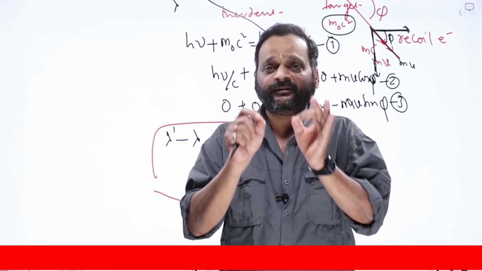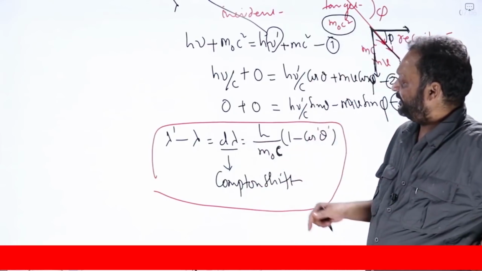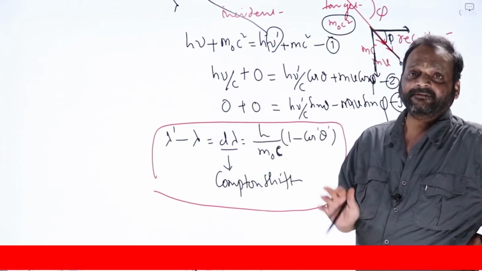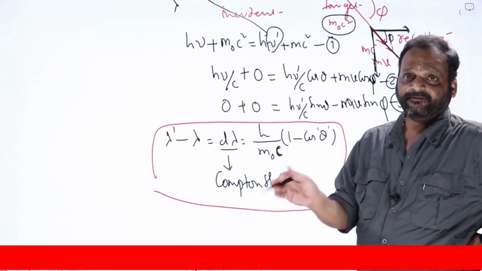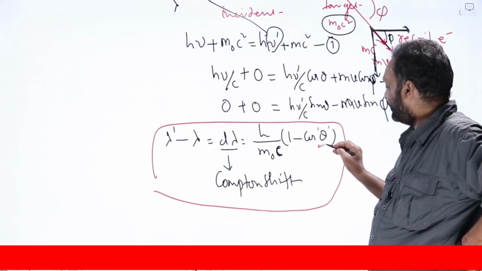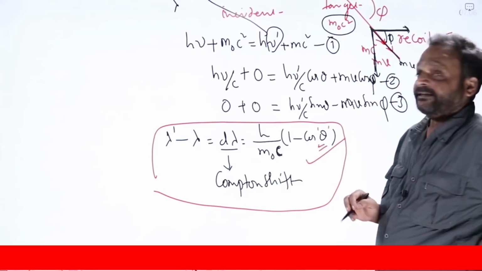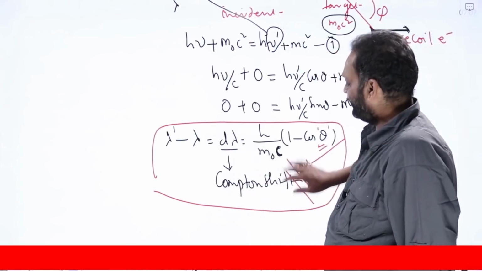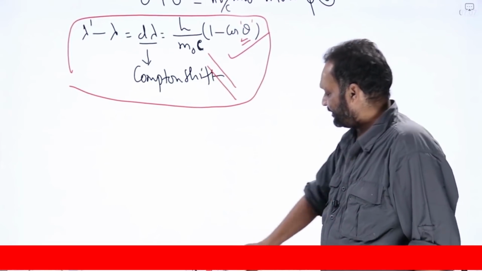Whatever lambda you send, the change in wavelength will remain the same. Whatever target element you put, the change in wavelength will remain the same. The Compton shift depends only on the scattering angle, nothing else. That is the most important conclusion we can draw.